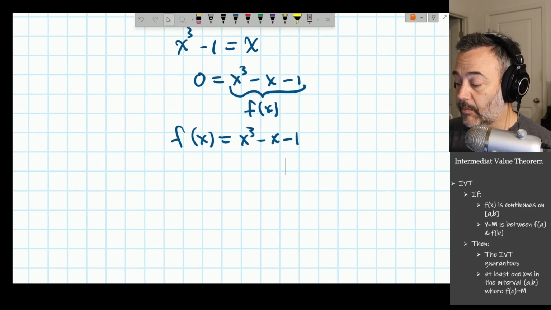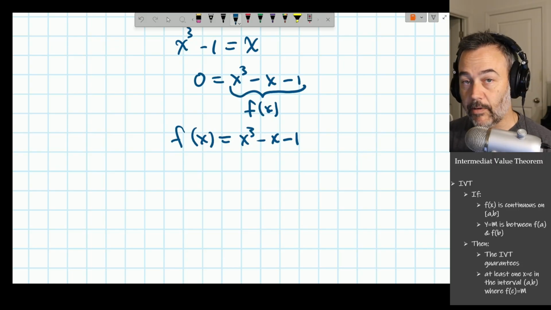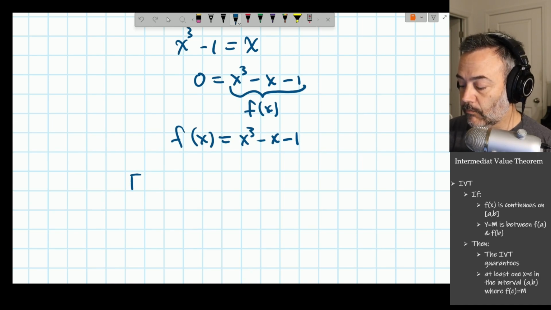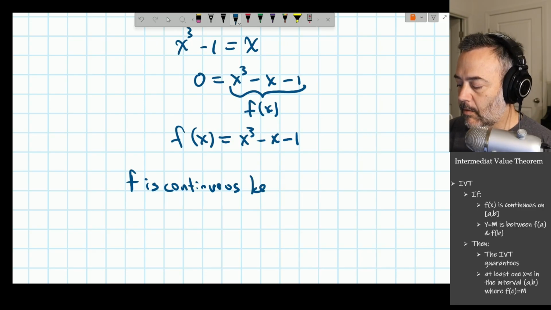If I'm going to use IVT to do that, I need to make an argument as to why this is continuous. So you state that in this case, f is continuous because it is a polynomial.